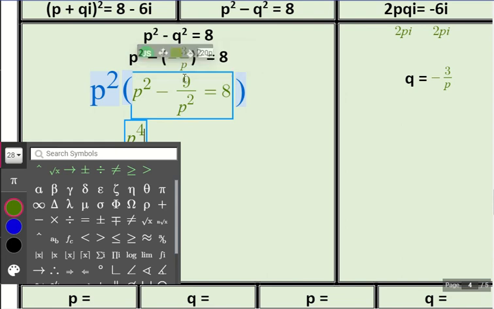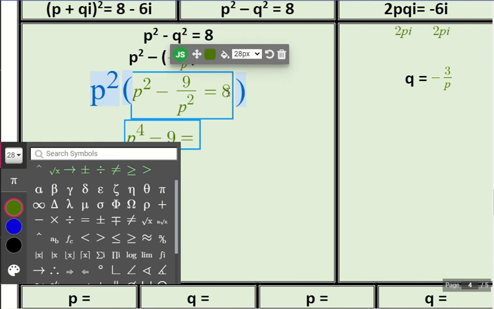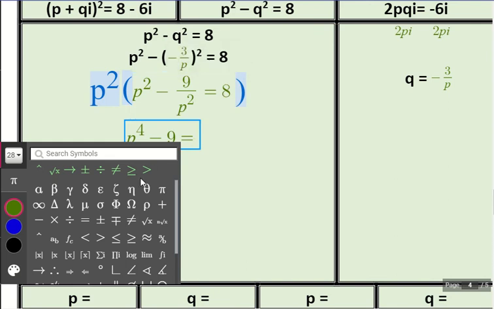So 1 times 9 is 9, so it's minus 9. Equals, and here's the detail people might forget, we're distributing p squared to everything, so we have to multiply it by the 8 as well. So we also get 8p squared on that side.